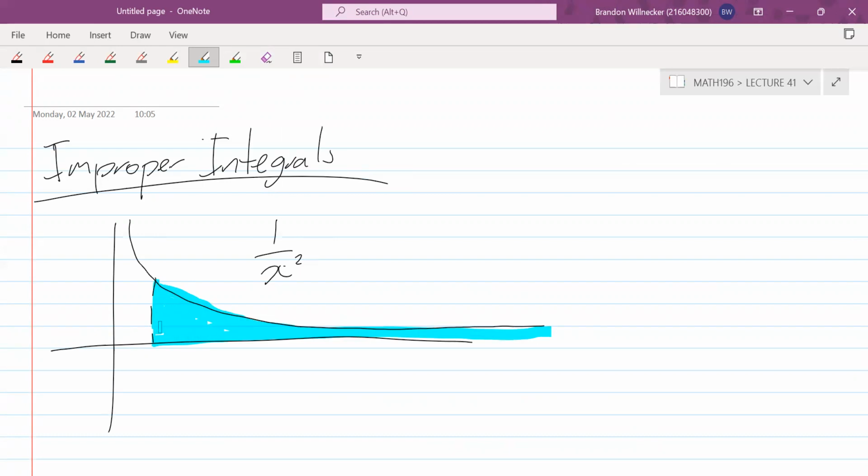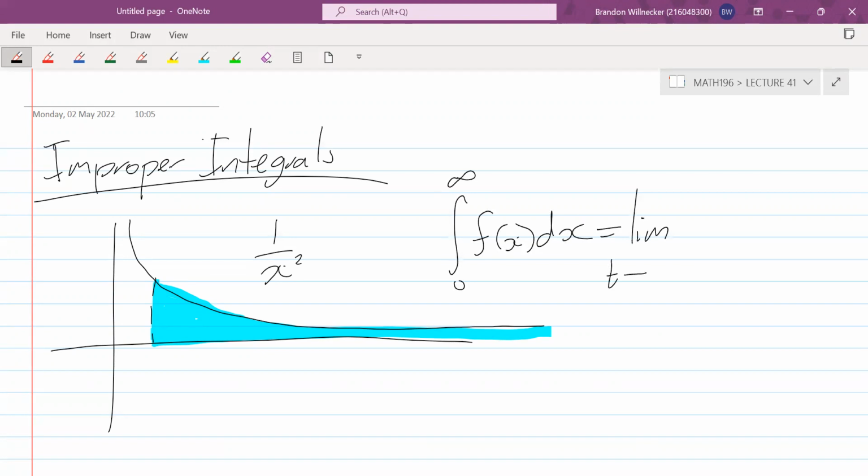Now, we can't just do that using a Riemann sum because we're going to have infinitely many terms going down. So we're going to be using limits instead. So something like this, integral from 0 to infinity, f of x dx. We can't just substitute infinity. That doesn't make sense. So instead, we write this using a limit. So the limit as t goes to infinity, the integral from 0 to t, f of x dx. Okay, so we're going to be looking at things like that.